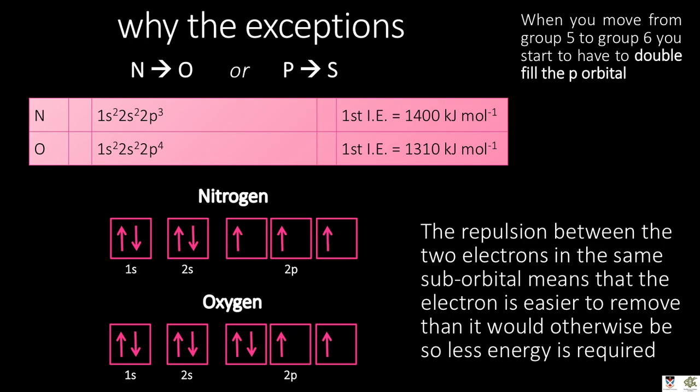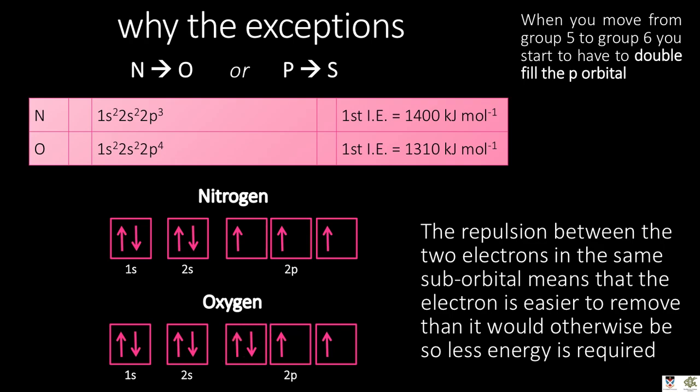Oxygen, because there's 1 more electron, the only way that we can put another electron in that energy level is to start pairing up the electrons in the same suborbital, in the same 2p orbital. Okay, so this orbital would be 2px.